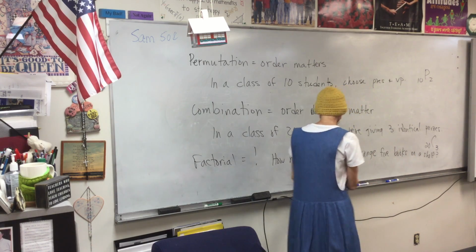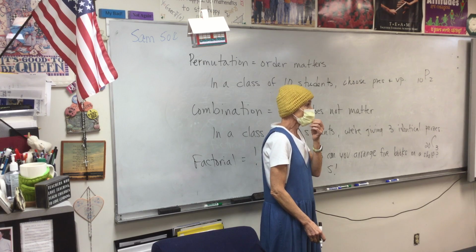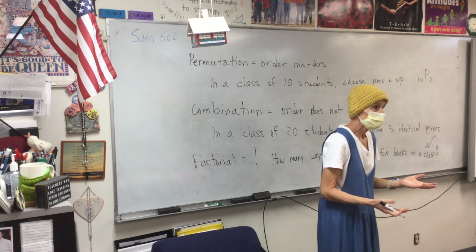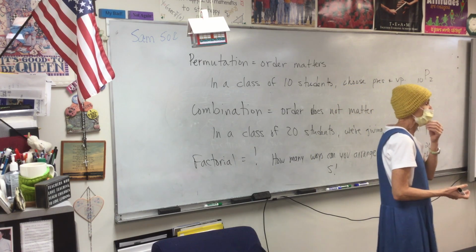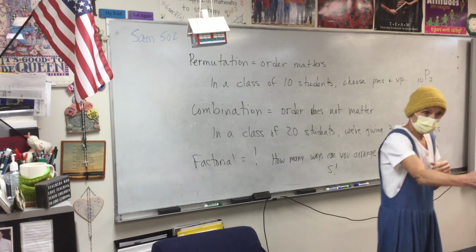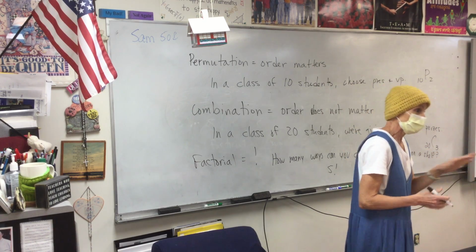And that would be 5 factorial. So remember the ones we did with words, where I think one of our words was Chevy? So how did we figure out how many ways we could arrange the letters of the word Chevy? How many letters there were, so it was 5. So the answer was 5 factorial.